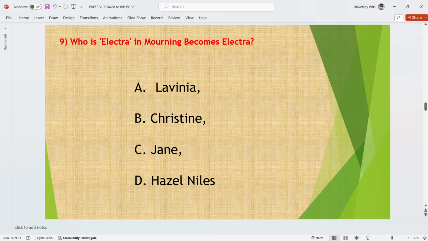Okay. In the original play, Electra is the daughter of Agamemnon and Clytemnestra, and she seeks revenge for her father's murder.